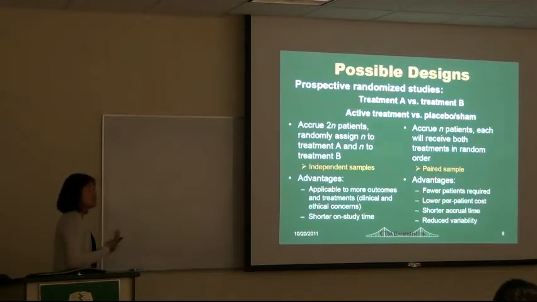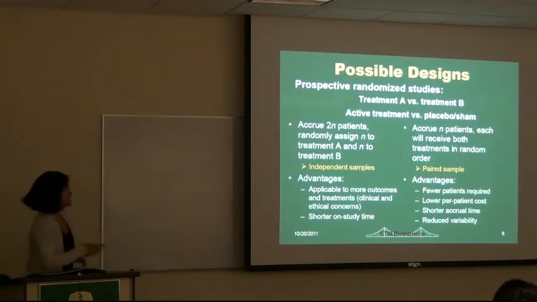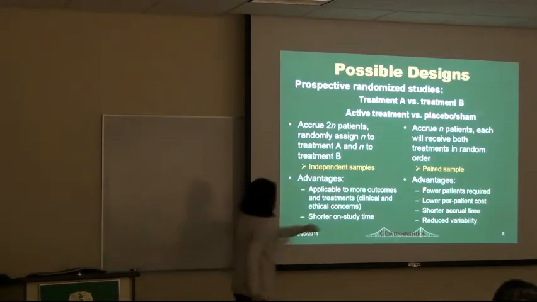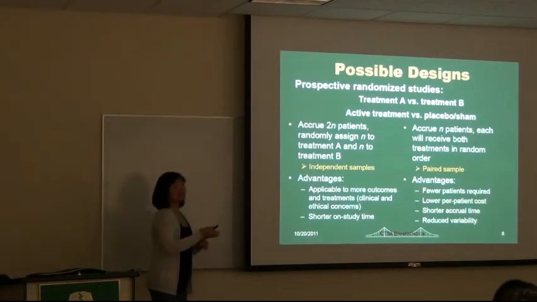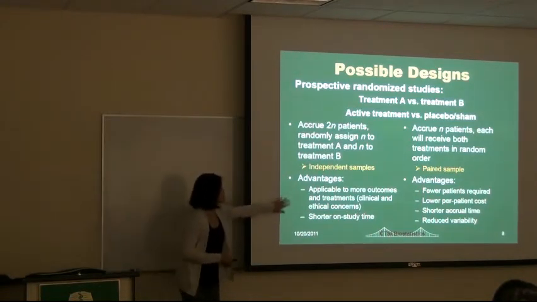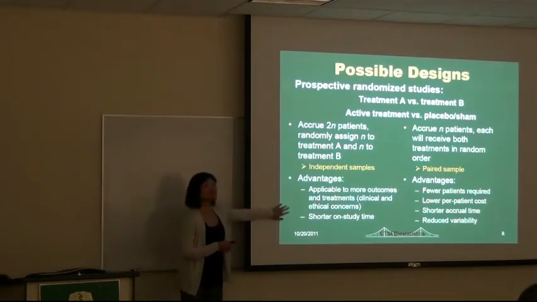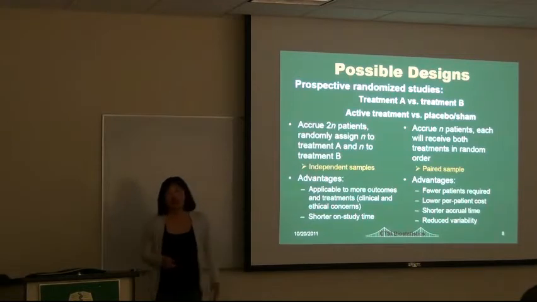Let's say you need 100 patients per treatment, and it's a rare disease that will take you a year to accrue 100 patients. If you use the pair design, you will need to wait 1 year to accrue. If you use the independent design, you will need to wait 2 years to accrue 2n patients, right? 200 patients.